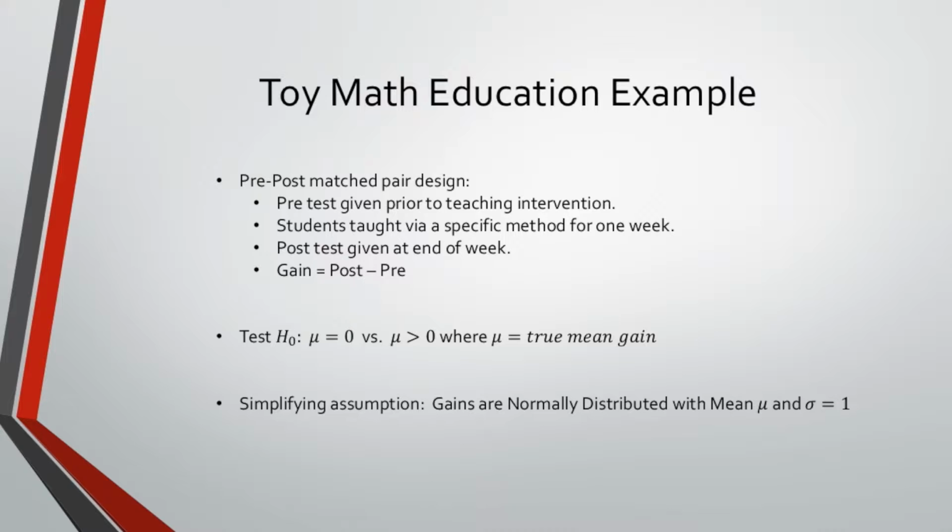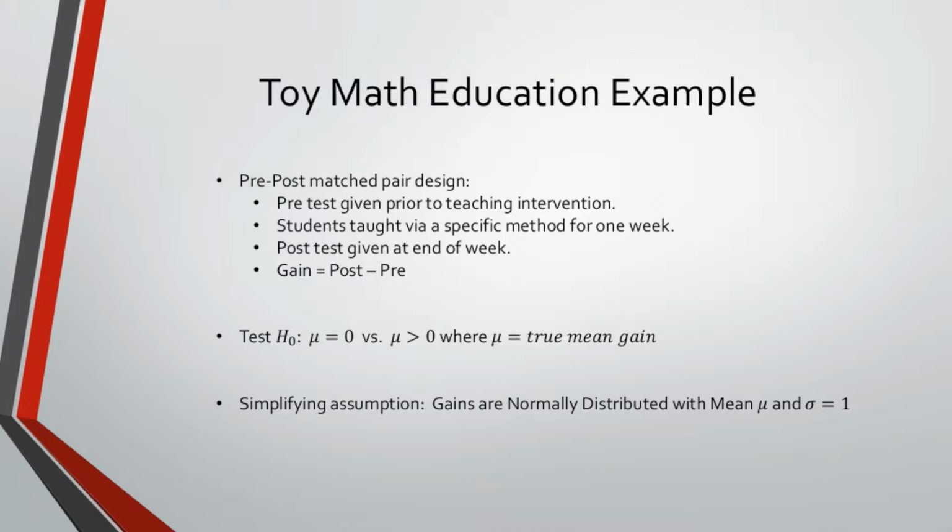Then we look at the gain: the post score minus the pre-score. We look at the average gain across all those students, and we're interested in testing the null hypothesis that there was no knowledge gain, so the true mean gain mu is equal to 0, versus there was some knowledge gain, mu greater than 0. That's a typical kind of thing.